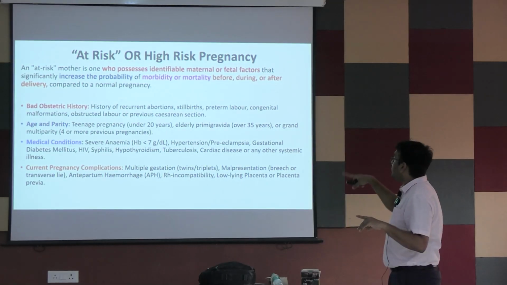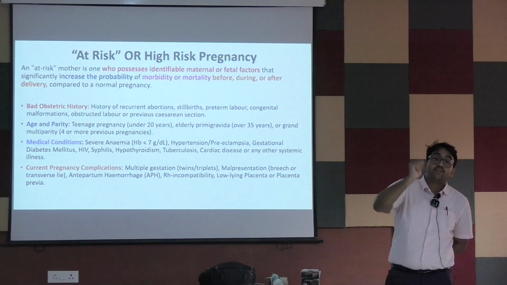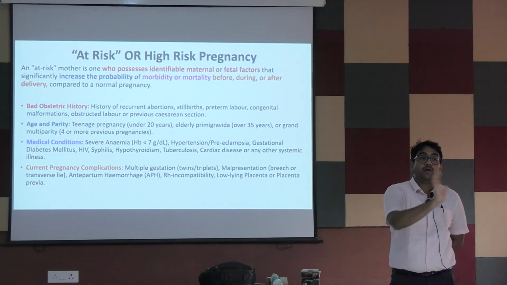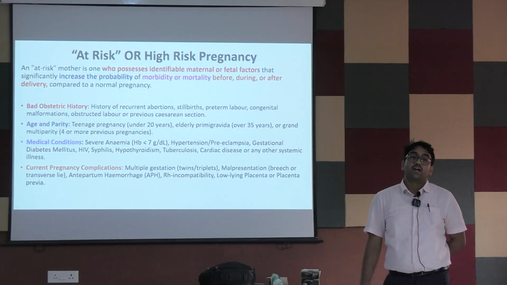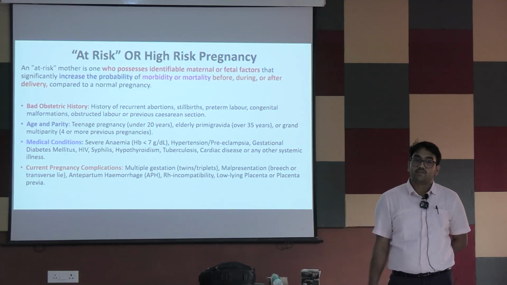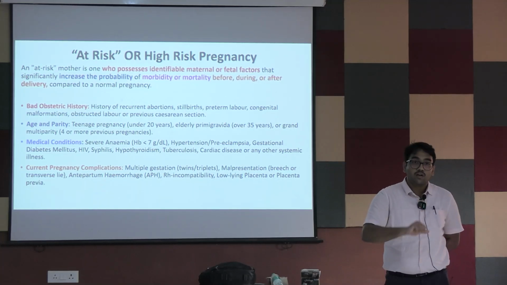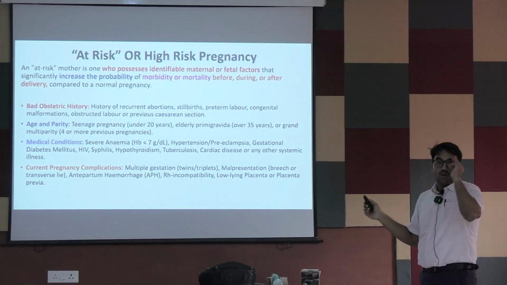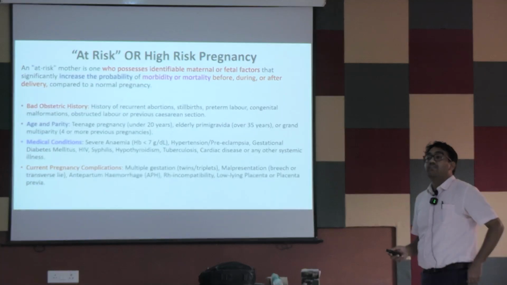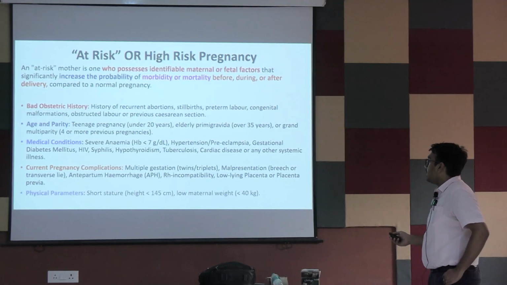See, during the USG scan at 20 weeks, a pregnancy not previously labeled as high risk may be converted to a high risk pregnancy. There we will look for the position of the placenta, where it is lying. So these are the current pregnancy complications where the pregnancy will be classified as high risk.